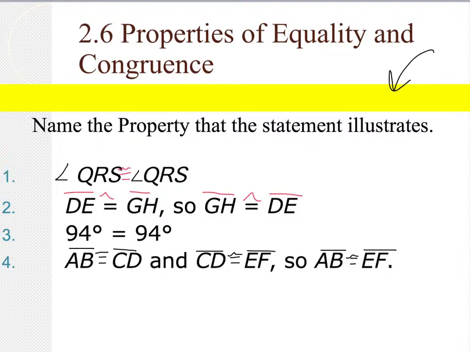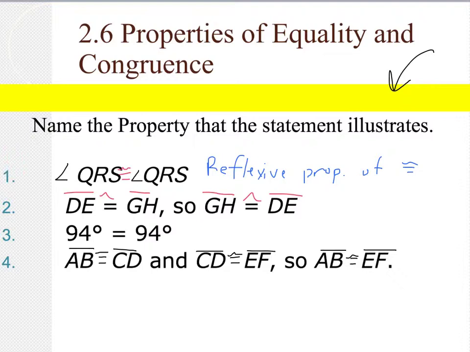Alright, so angle QRS is congruent to angle QRS. Notice it is the exact same on each side of the congruent symbol. So that is going to be our reflexive property. Just going to put property of congruence. I'm just going to put a congruent symbol, and you can do that. Definitely break it down instead of writing it all the way through. You can write symbols.